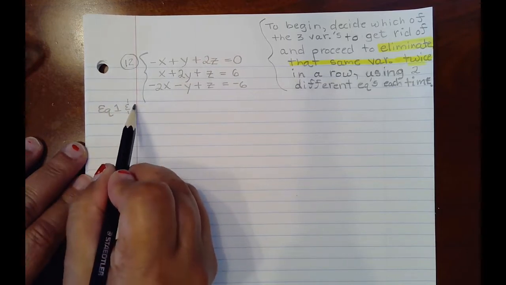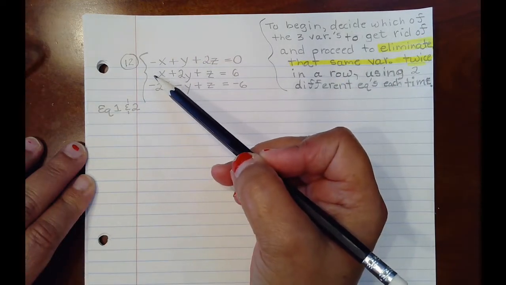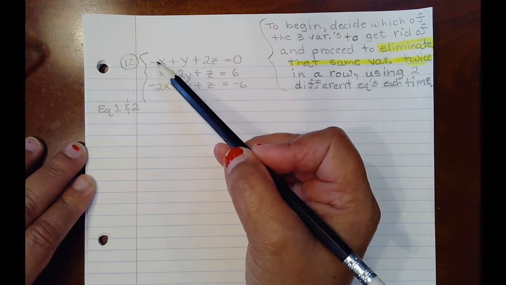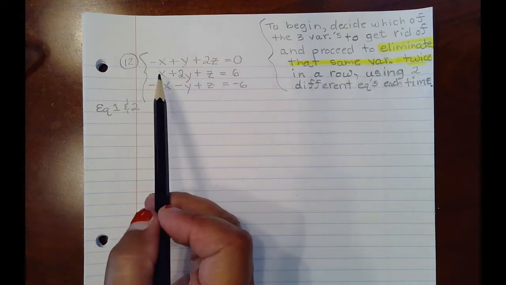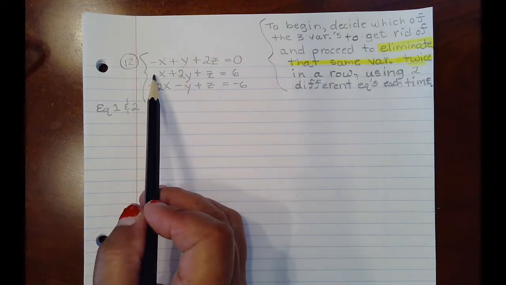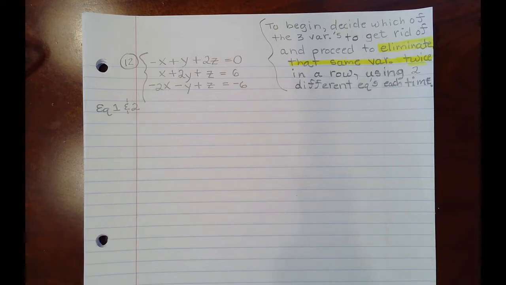With regard to why I'm making that decision, I see that the coefficient here is 1, the coefficient here is -1. Those are really easy things that can be manipulated to get rid of that particular variable in the other equations. As long as you have that variable with a coefficient of 1, it can very easily be used to cancel out other coefficients. So I'm drawn to variables that have a coefficient of either 1 or -1.